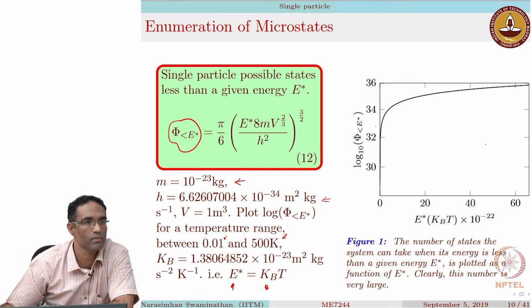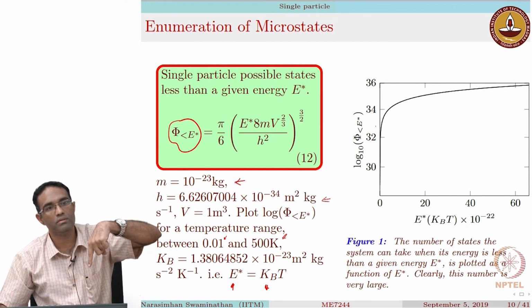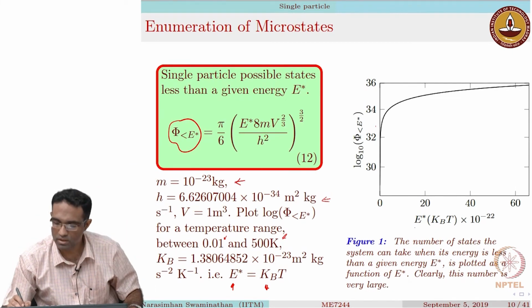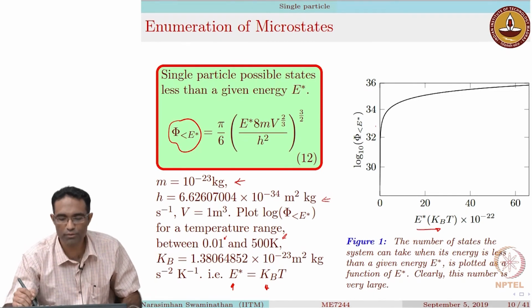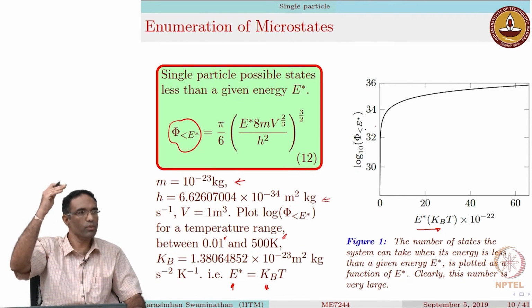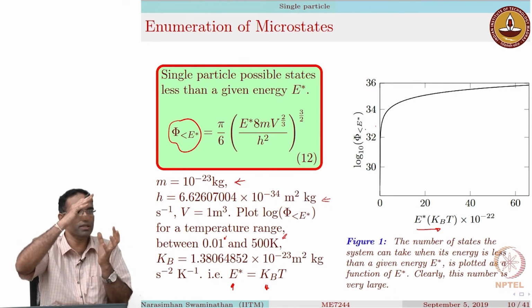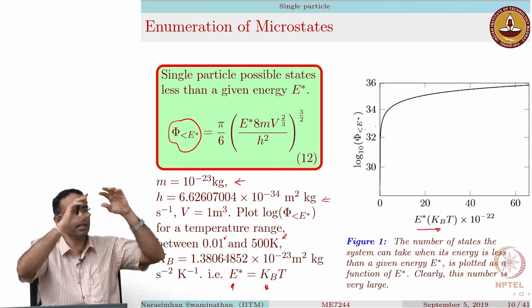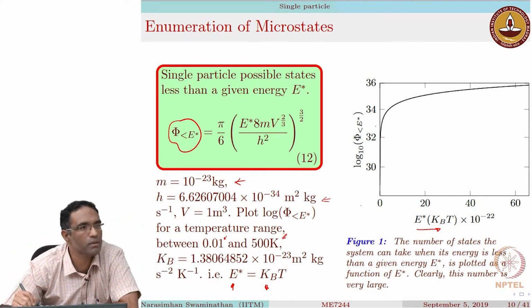Can you see this slide? Yes. So this on the x-axis is basically the energy, and I have plotted phi less than E star, the total number of points which will give you energy less than E star, which basically consists of all the points inside the entire volume of the octant. So it's plotted in a log base 10 scale.